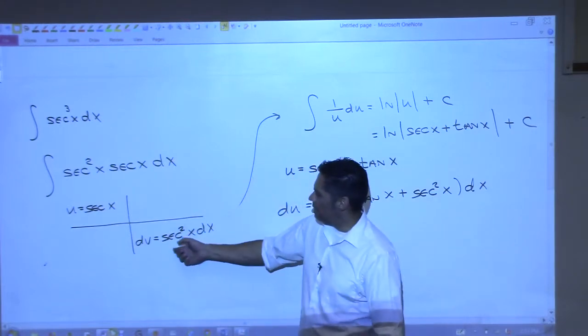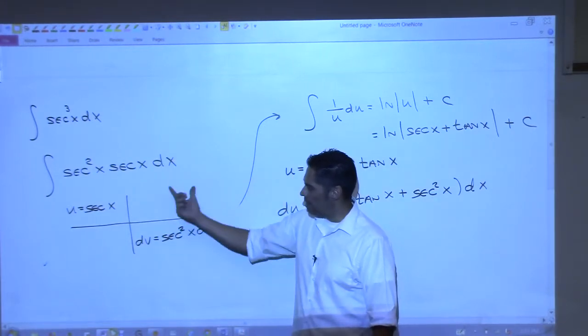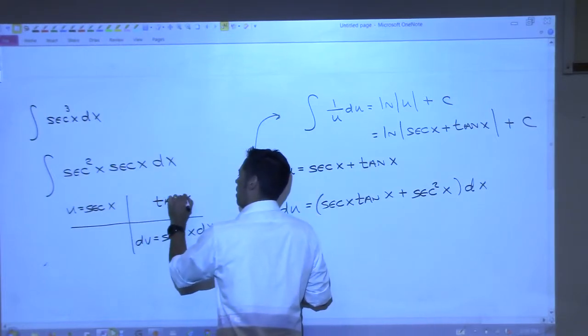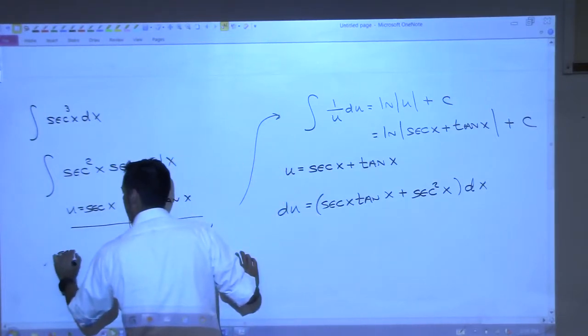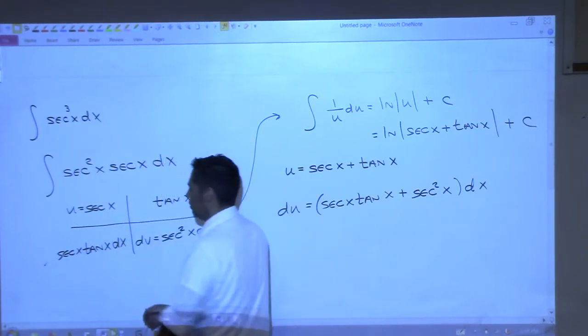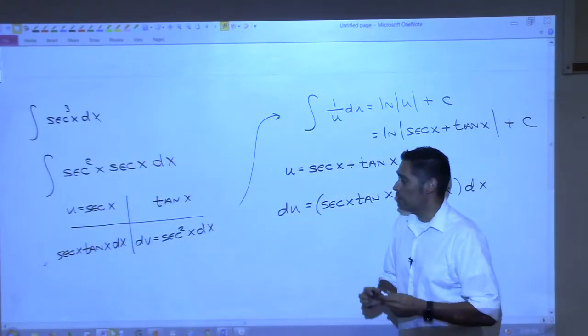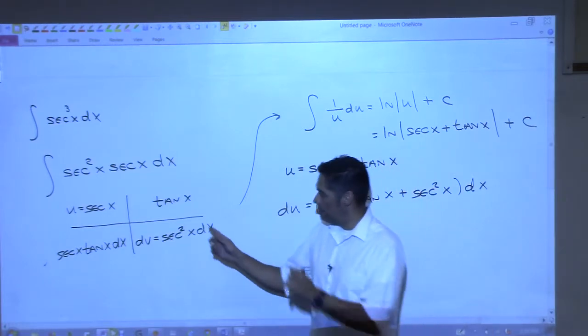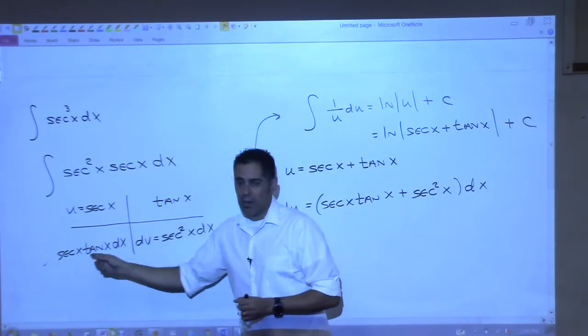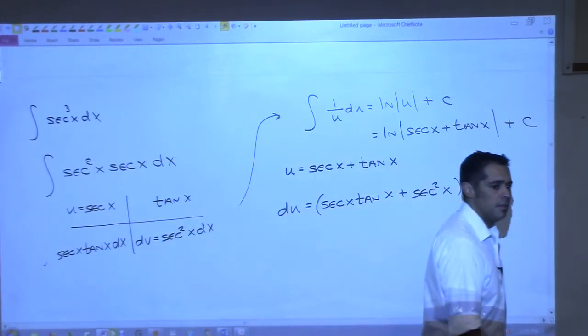And then what would the antiderivative here be? Tangent, right? So I would have tangent x. And then this right here would be secant x tangent x dx. So my new integral would have what? Tangent squared and secant? Yes?